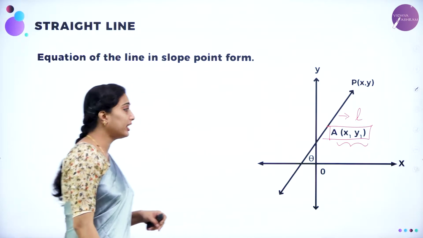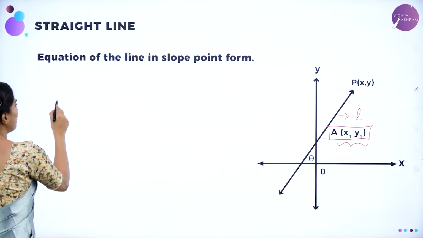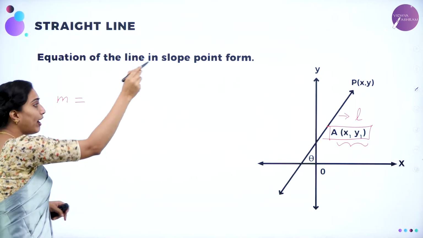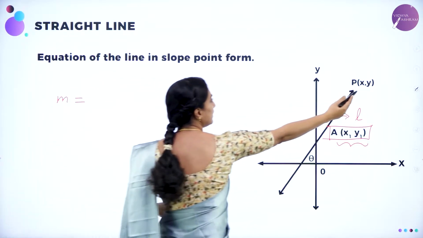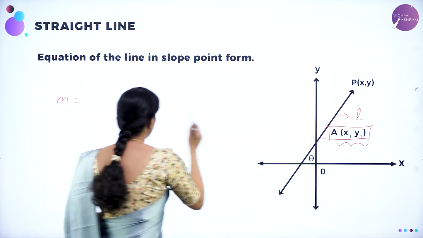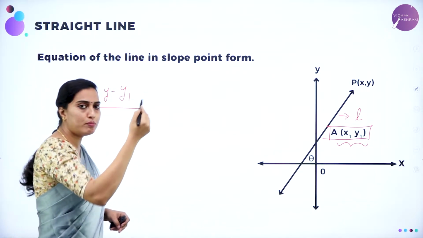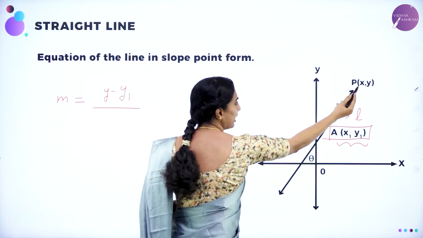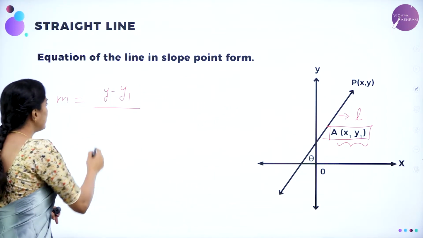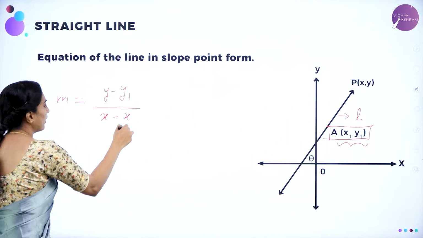So therefore, I can have the slope of the line joining two points as m = (y2 - y1)/(x2 - x1). Here y2 is nothing but y, so y2 - y1 is y - y1, and x2 is nothing but x, so x2 - x1 is x - x1.